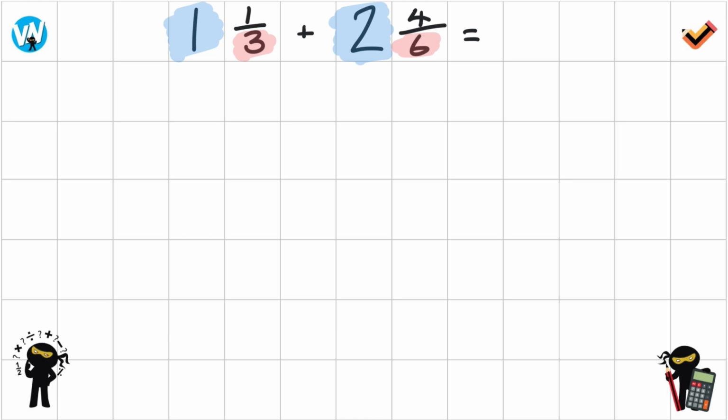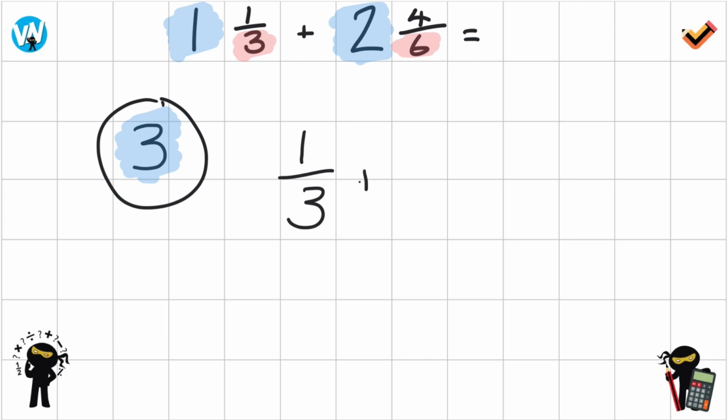So 1 add 2 is going to give us 3. So we can mark that over here. Just going to highlight it off again with the blue, so we don't forget that. Sometimes I say put a circle around it, okay, so you just don't forget it visually. All right, and then that leaves us with 1 over 3 add 4 over 6.